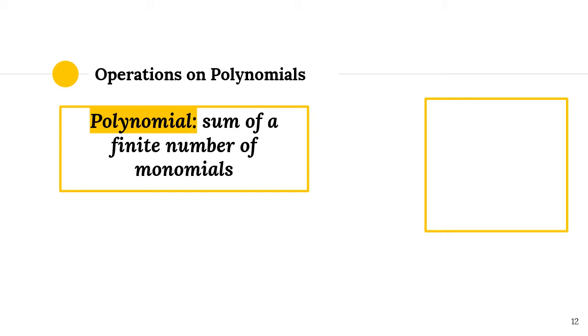First, we add up the monomials, the sum of the monomials. And the second is there are a finite number of monomials. So the number of monomials included in a polynomial expression is limited. You can count it, it's countable. It's not infinite, okay? It's finite.